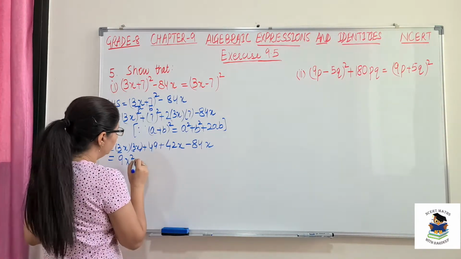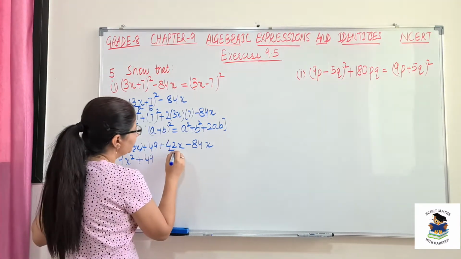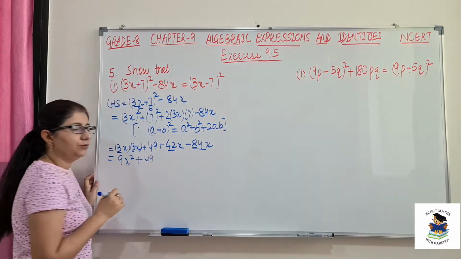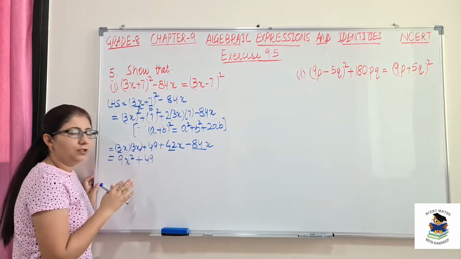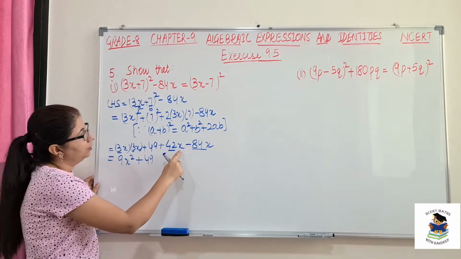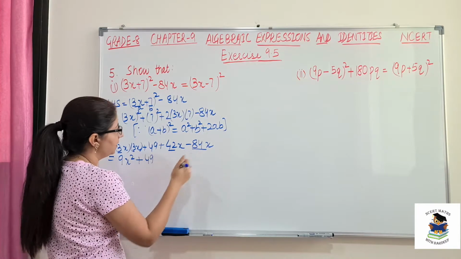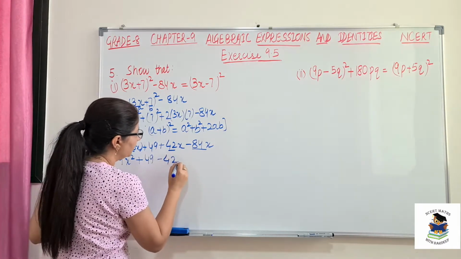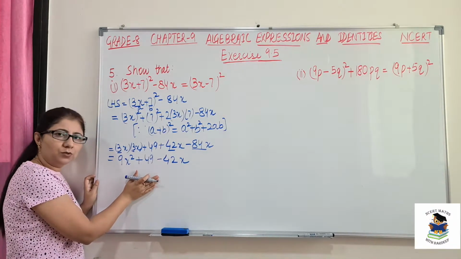This 49, no like term for this, we will write this directly, plus 42x and minus 84x. These are like terms with different numerical coefficients but the same variable, so we will subtract this. Plus 42 minus 84 will give me minus 42x. Right? Beyond this we cannot solve it further.